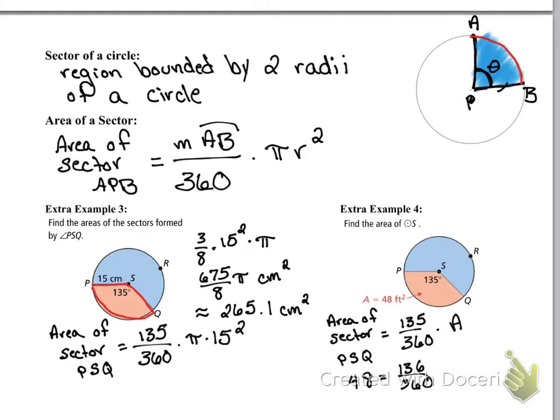So I would need to multiply both sides by the reciprocal, 360 over 135.